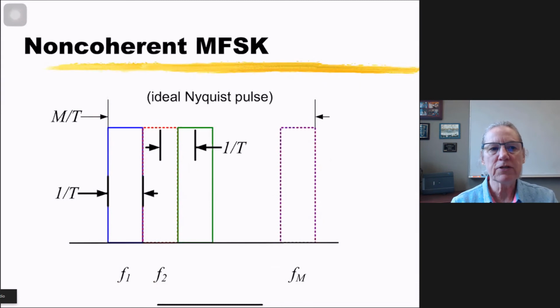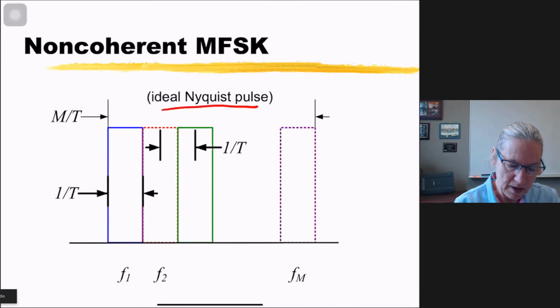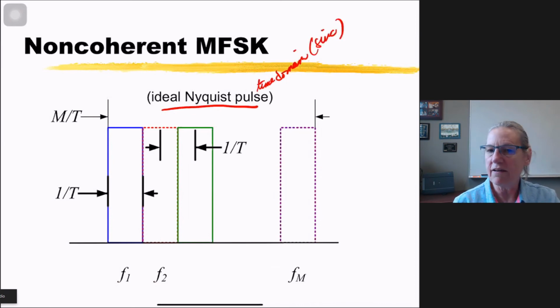So what happens if we do a similar calculation, but this time for non-coherent? So once again, assume that we have the ideal Nyquist pulse in the time domain, i.e. a sinc, which means that in the frequency domain we have these rectangular spectra, most compact possible. Now I have to keep the separation at 1 over T. So now they're completely not overlapping.